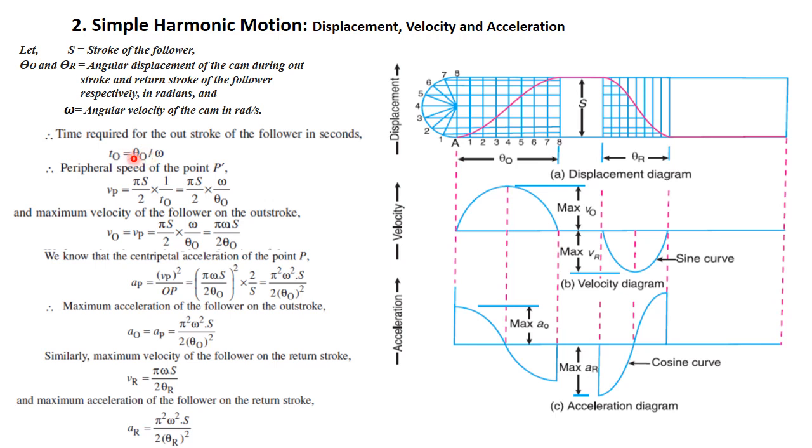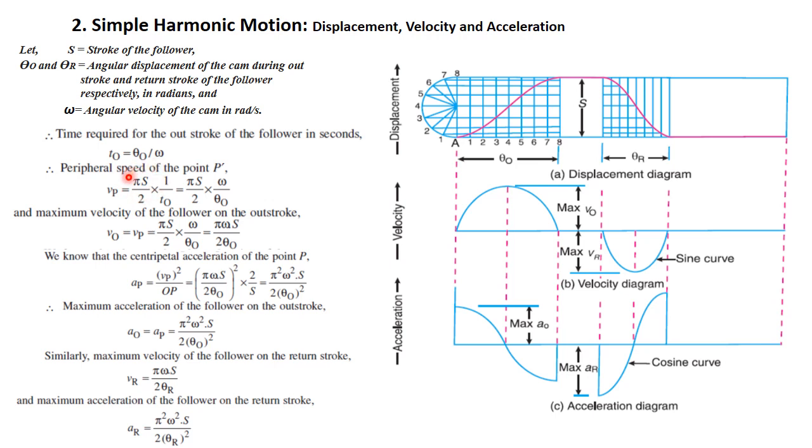So as this value of theta increases, time increases, right? Now peripheral velocity of the point P can be found as Vp is equal to pi s by 2 into 1 by t naught.